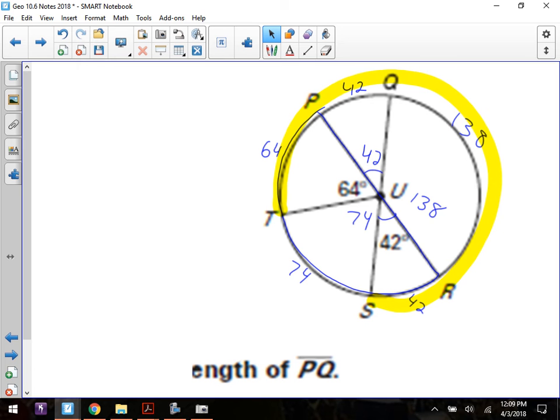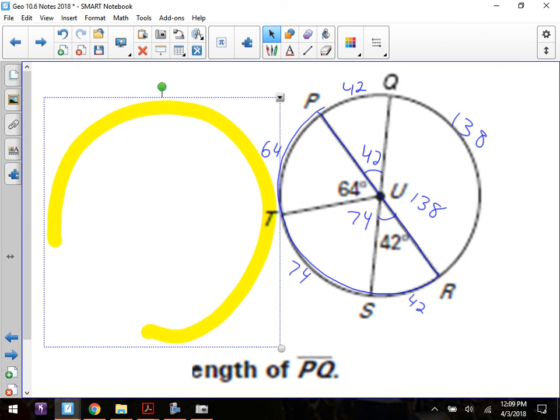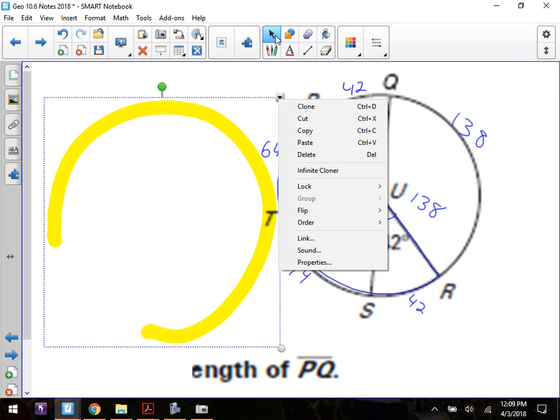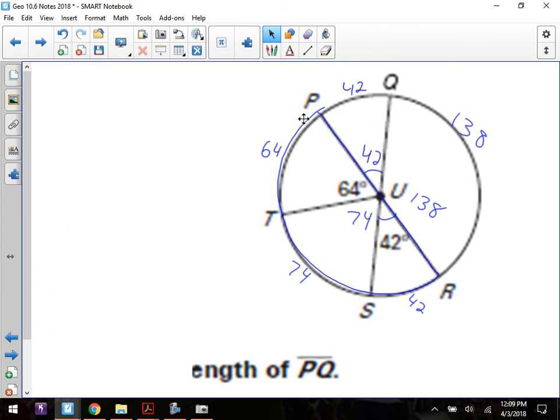Follow the letters. It tells you go from T. Okay, you can go a couple ways. RT was what? 42 and 74? Yeah. Is it 116, I believe? Yeah.